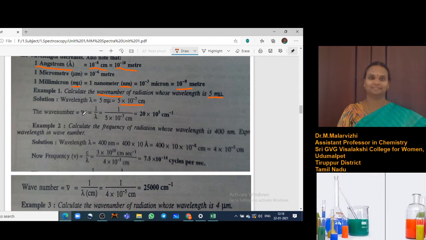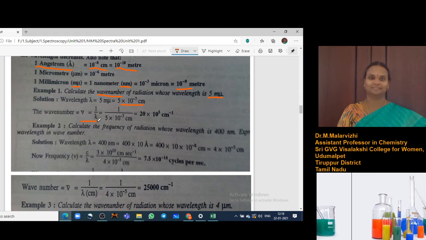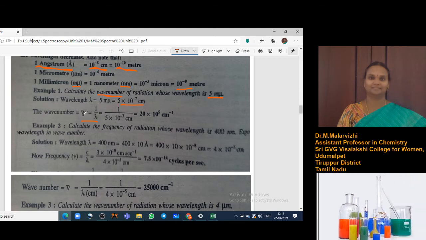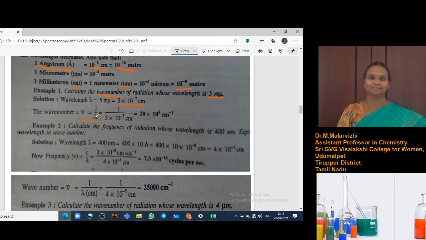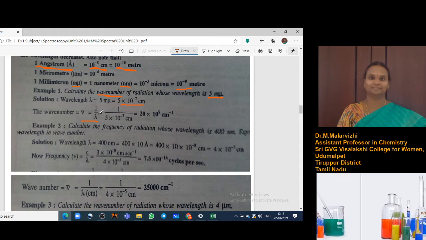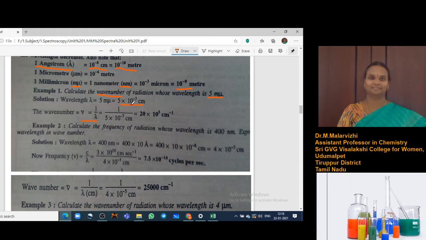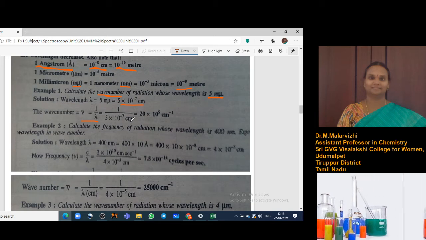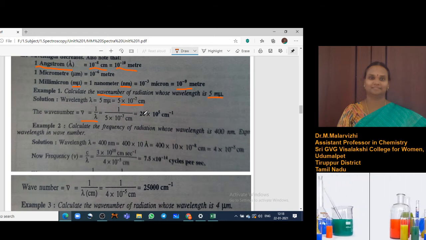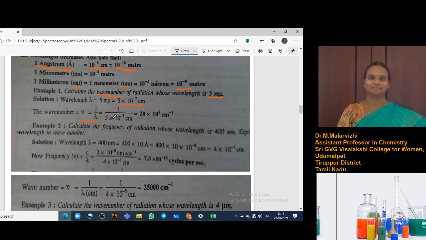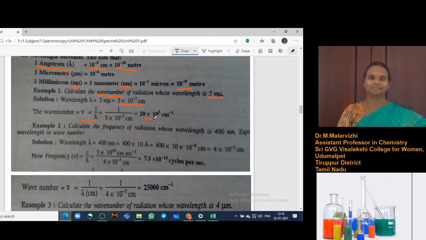Now you know the relation: our wave number nu bar is equal to 1 by lambda, that is 1 by 5 into 10 power minus 7 centimeter. 1 by 5 is 0.2, so that is 2 into 10 power 6 centimeter inverse.